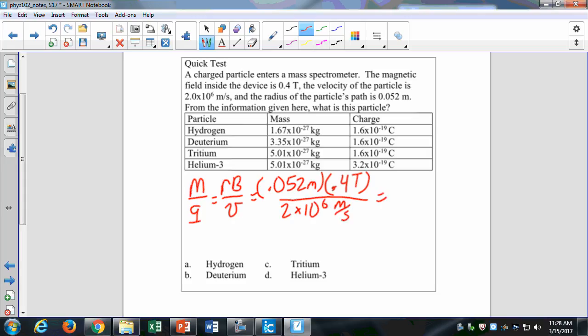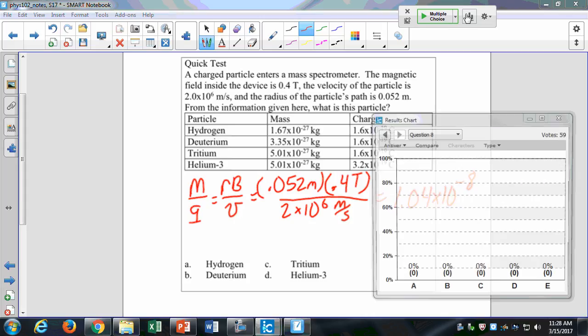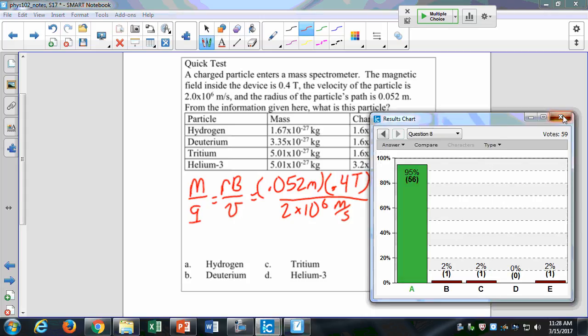And that gives me a mass to charge ratio of, you might know, most of you, 56 of you know, what is that? 1.2? All right, yeah, and as I said, you can just look, that has to be hydrogen because these are the only ones that will give us a ratio of 1. But you can double check that if you want. So A is the right answer.